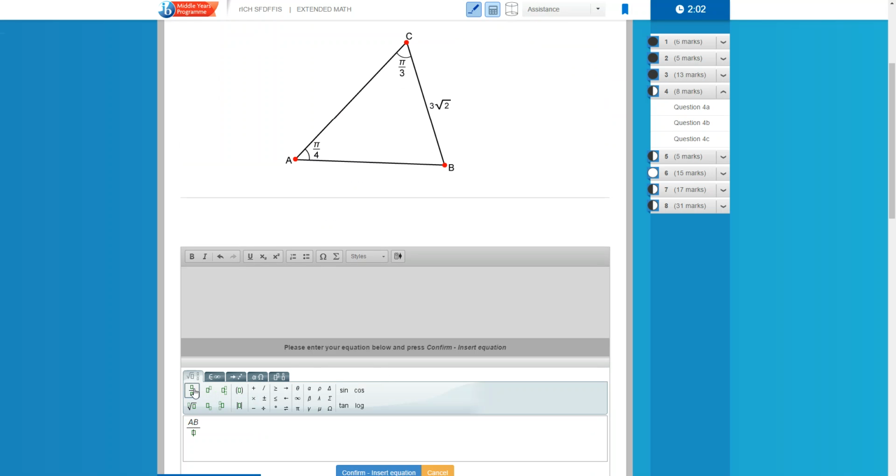AB over sine pi over 3, equals 3 square root 2 over sine pi over 4. Good, just using the sine rule.